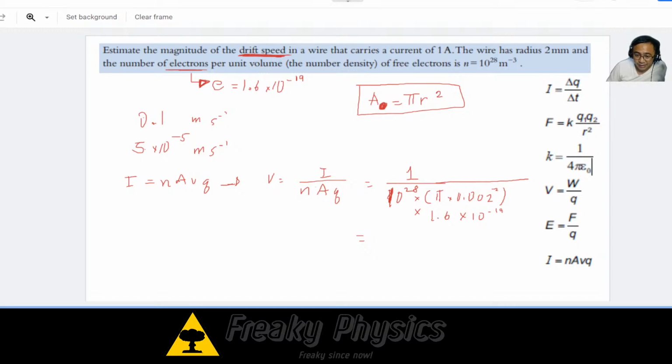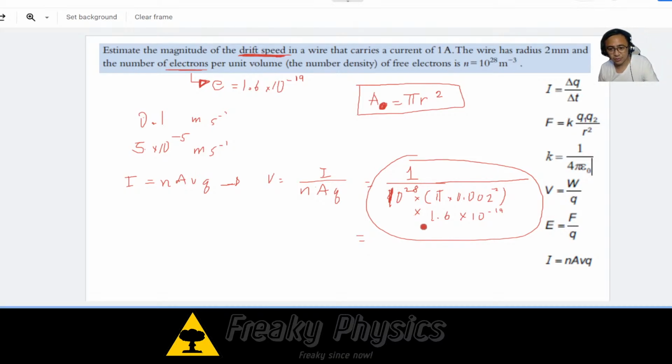Basically that's the reciprocal of the denominator because the numerator is just 1. Wait, should it be one more zero, like 0.0002, or is it 0.002? This is 2 millimeters, so 0.002 is correct.